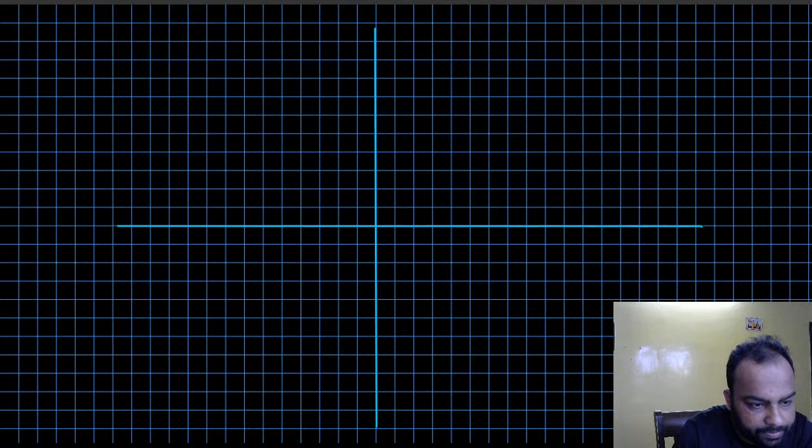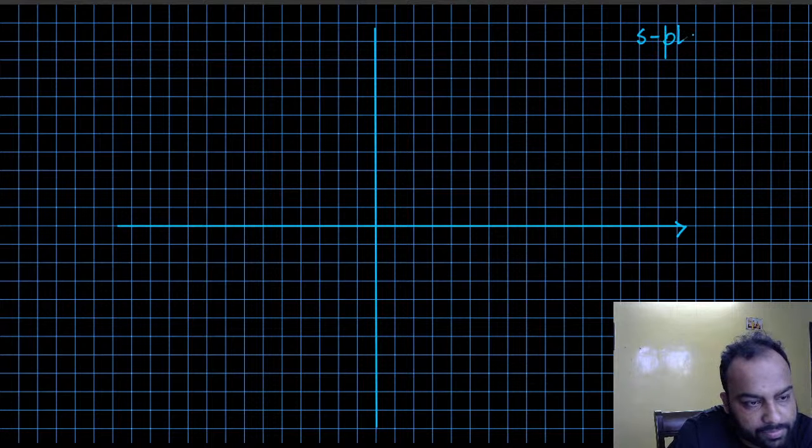This is the frequency plane, our fantastic S plane. This is the S plane, and this is the real part of S. Things will be properly visible once I get rid of the grid.